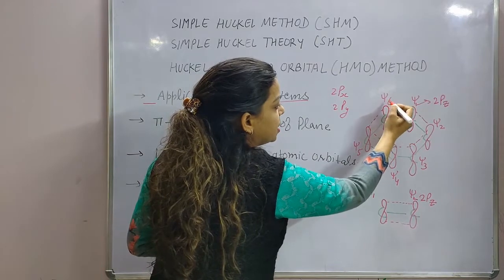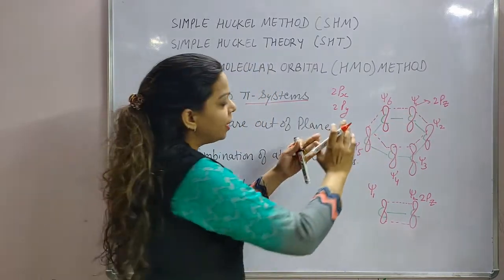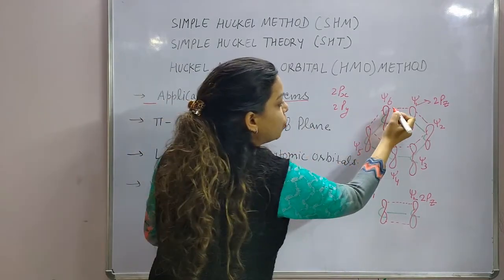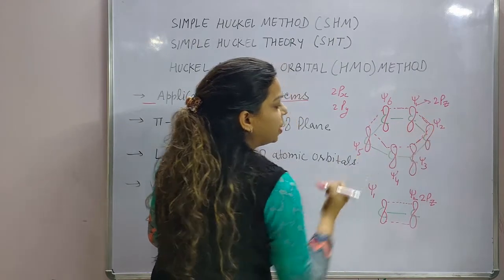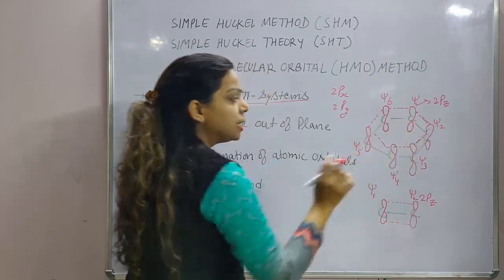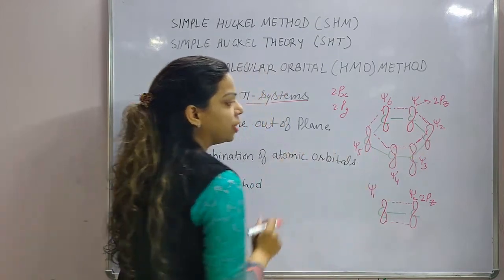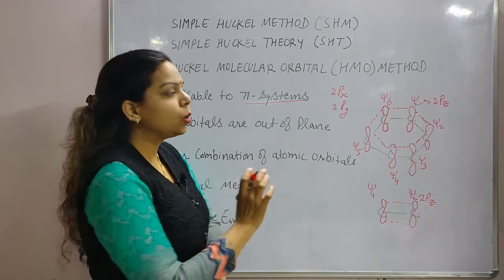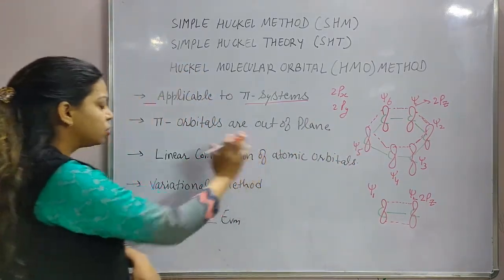So these orbitals are out of plane and do not interfere with the sigma electrons. We can treat this framework of pi electrons, shown in dotted lines, separately from the sigma framework, which is shown in green. That is why we can apply a different method to calculate the properties of these pi systems. Okay, so this is the point.